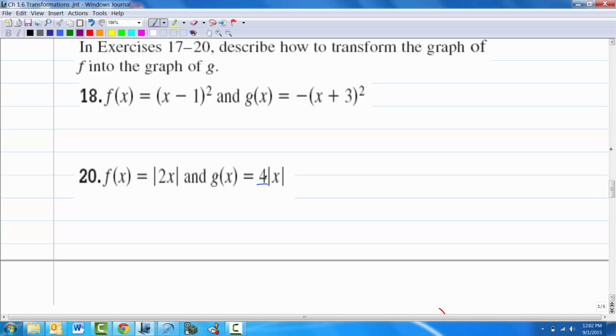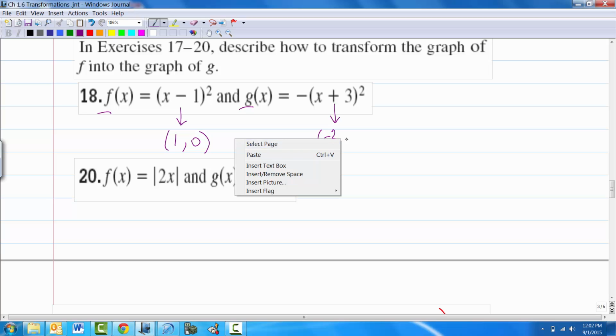But describe how to transform F into G. Whoa. First of all, what's the vertex of this one? No time. We have 3 minutes. Right? What's the vertex of this one? And then what else?